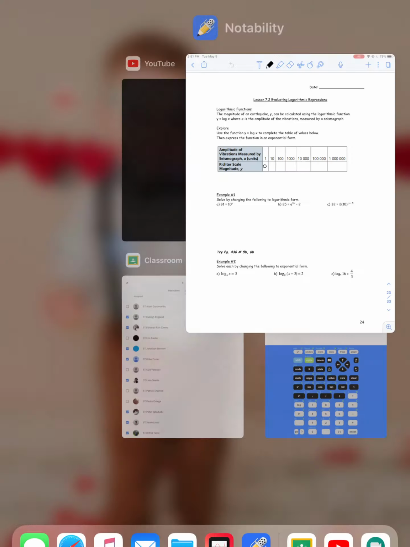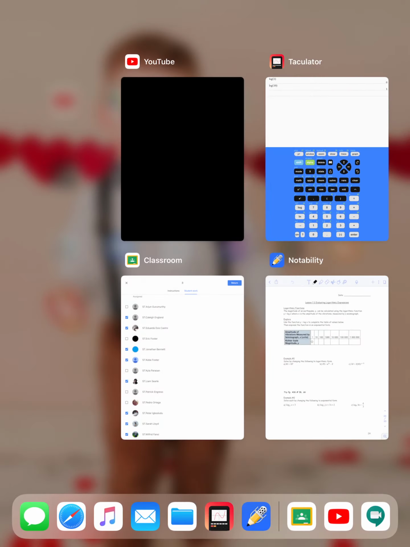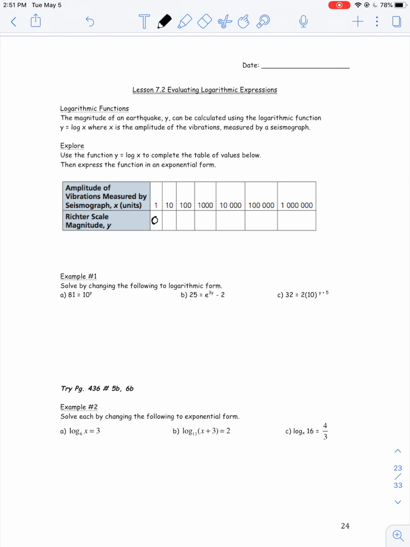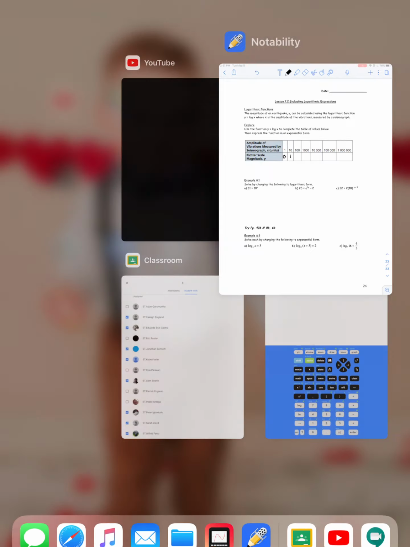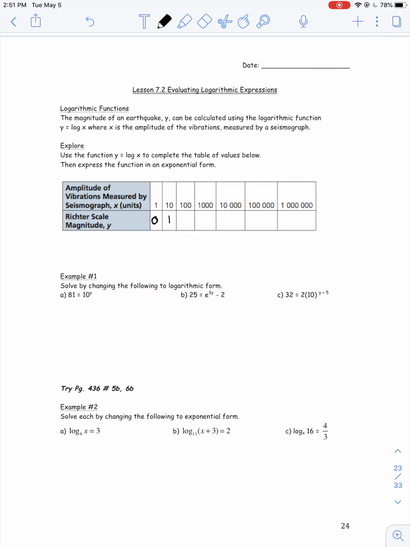Log of 1 is equal to 0. Log of 10 is equal to 1. Log of 100 is 2, and so on.